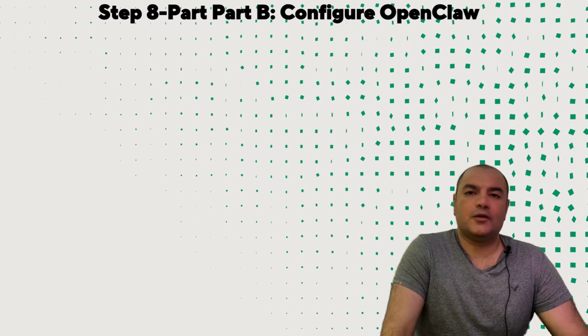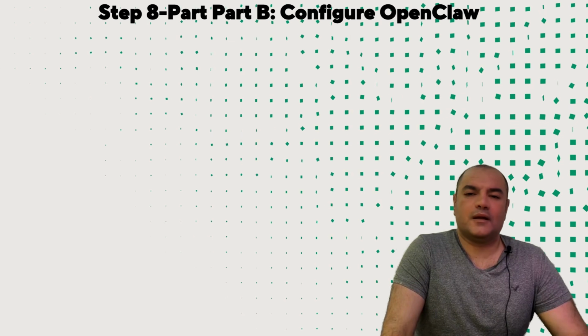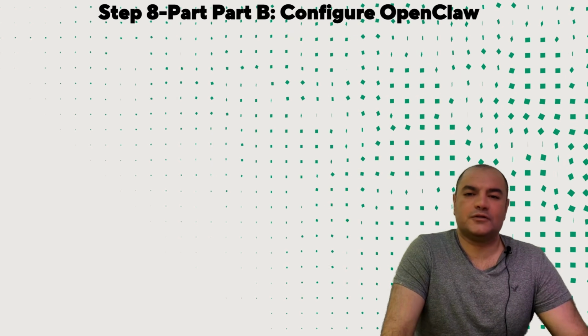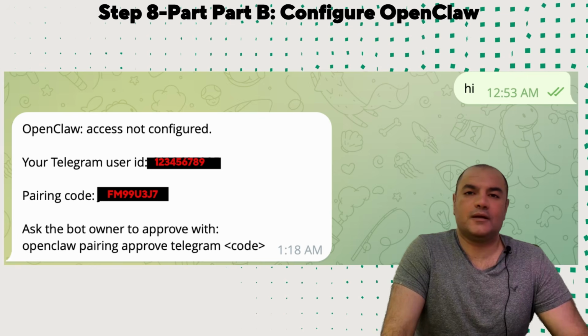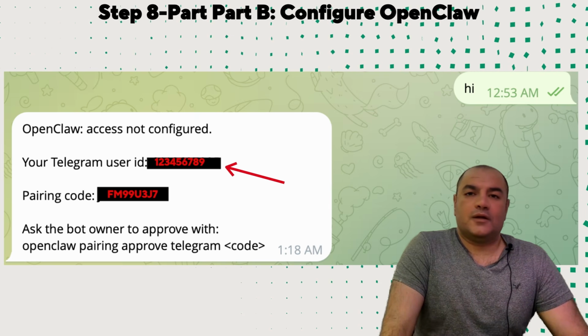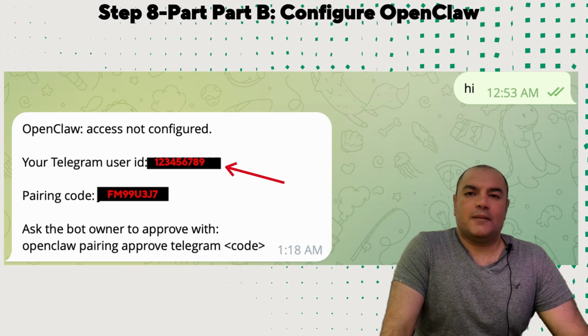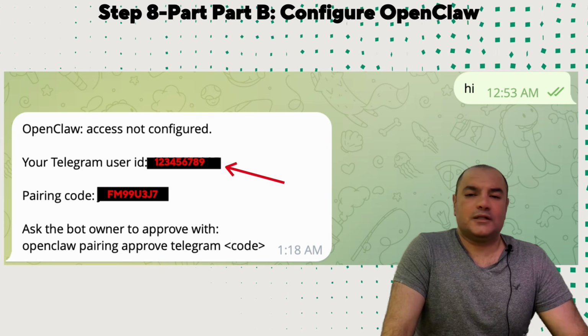Now, let's add your Telegram ID to the allow list, so that you don't need to pair it up every time your Docker restarts. For that, we need to do the following. First, get your Telegram ID. It's in the same message where you got the pairing code. If you can't find it, message @userinfobot in Telegram and it'll send you your ID.